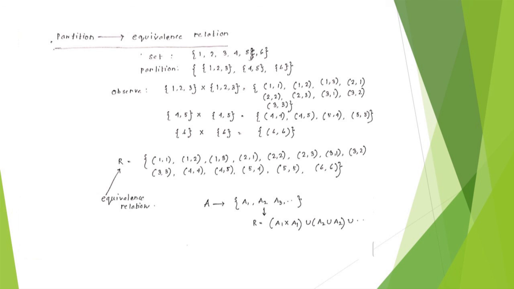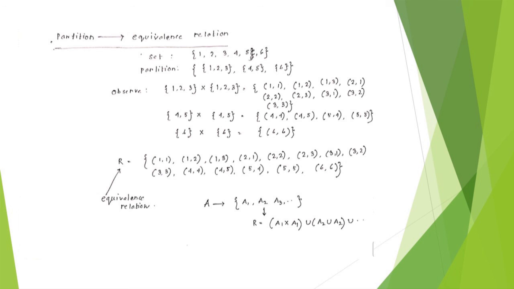You can always check it yourself that this set is actually an equivalence relation of the set {1, 2, 3, 4, 5, 6}. So the process is very easy.